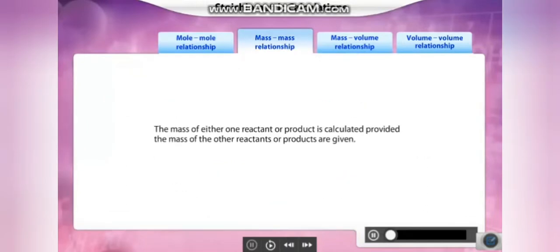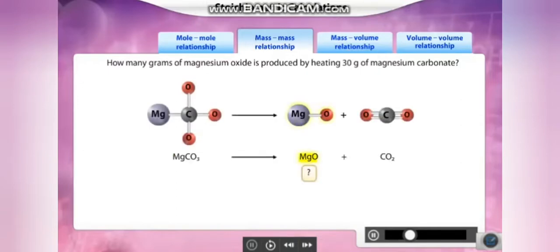In this type, for a chemical reaction, the mass of either one reactant or product is calculated provided the mass of the other reactants or products are given. Let's calculate the mass of magnesium oxide obtained by heating 30 grams of magnesium carbonate.